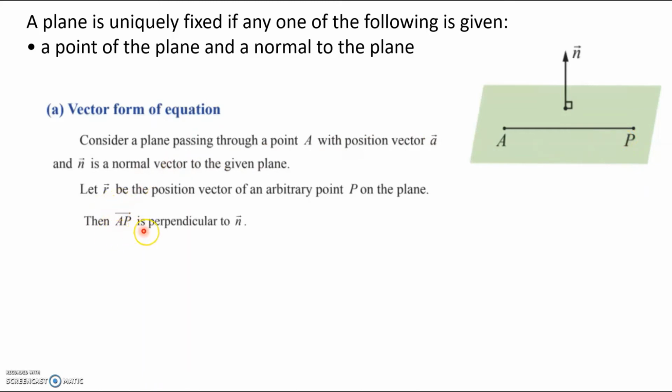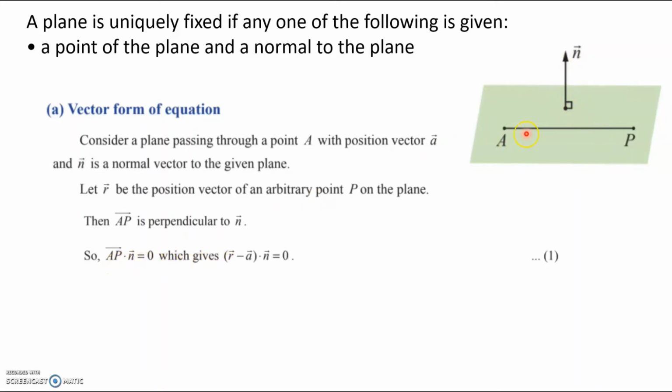Now AP vector is perpendicular to N vector. If we draw from A to P, then the AP vector will be perpendicular to N, because N is perpendicular to the plane.